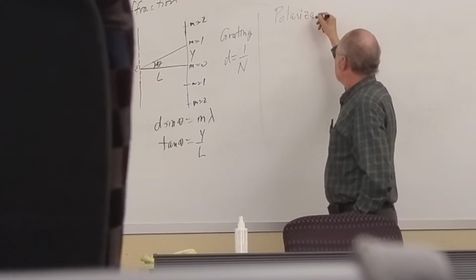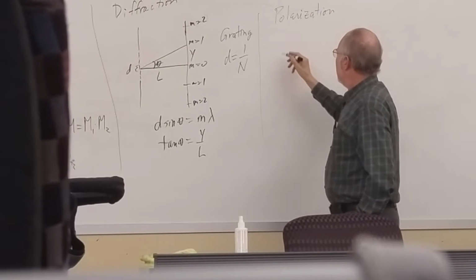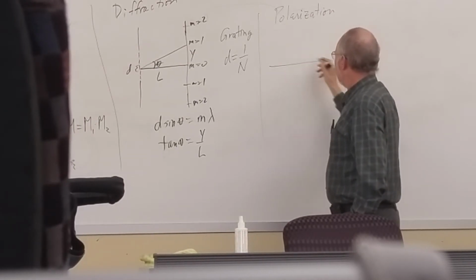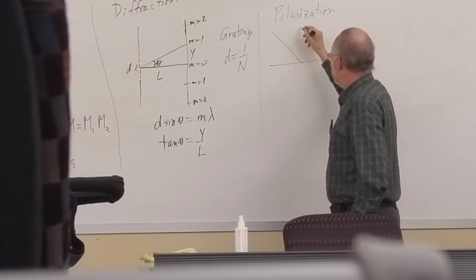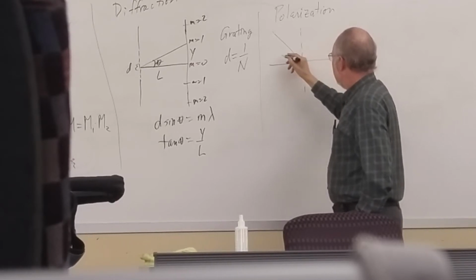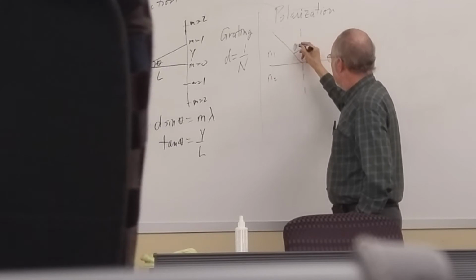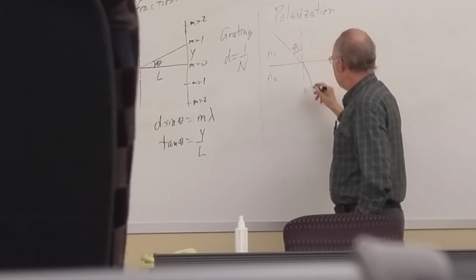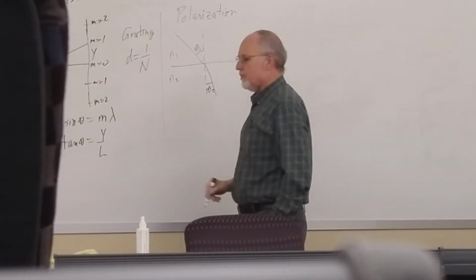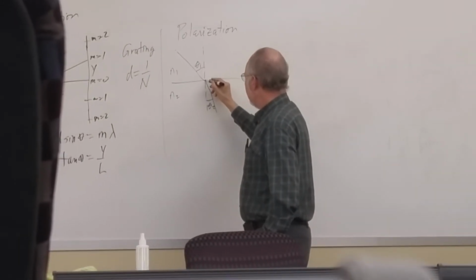Polarization. And the only one we've got there is polarization by reflection. So if you've got light in one medium and it refracts into a second medium, but it also reflects.